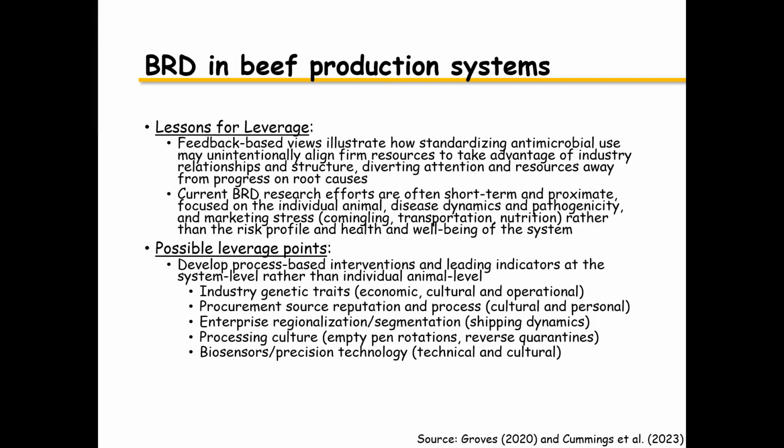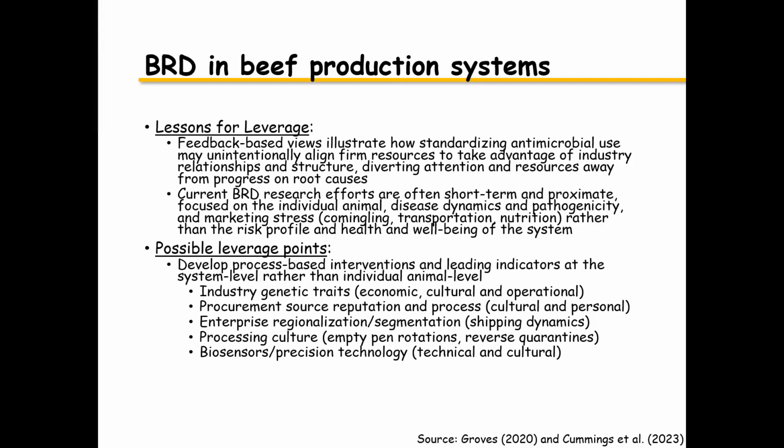Procurement source, reputation, and process, cultural and personal. Where do they come from? How are they managed? Why were they managed that way that makes them high-risk cattle? And how can we get to that point rather than fighting the fire at the stocker or the feedlot level? That regionalization is part of a lot that's been looked at in shipping already.